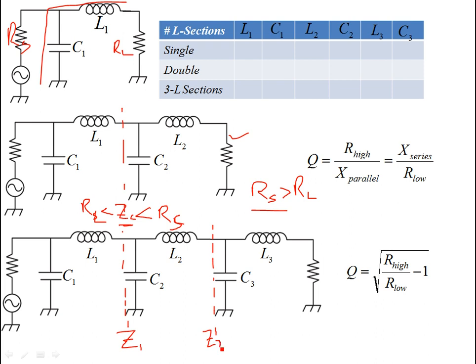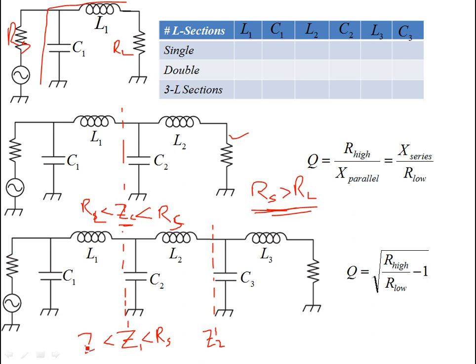Let's say again RS is greater than the load resistance, then your Z1 will be less than RS, that is for sure, and it will be greater than Z2.